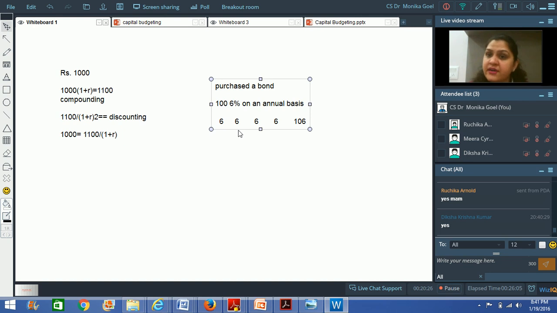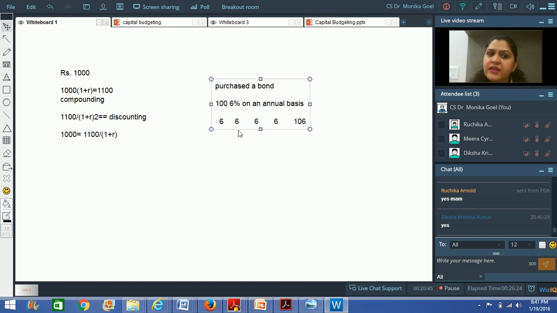In order to discount a particular cash flow, I have to use a discounting rate, R. How do we calculate this R? I will discuss that when I discuss the chapter on cost of capital. Right now, I will say that R is your cost of capital.